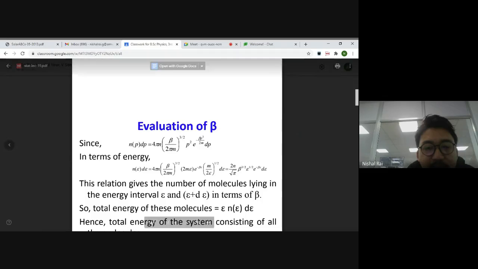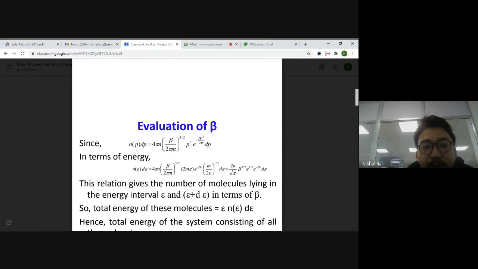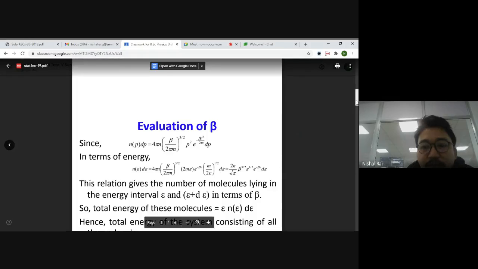Now beta is written as 1 by kT. Now if you want to write this in terms of E, what do you do? You write P in terms of energy: P squared is 2mE, so just substitute this also in terms of energy. This will be 2mE, and this dP also in terms of energy, dE. You just take a derivative of that, which will be 2P dP equals 2m dE, and P you again substitute in terms of energy.